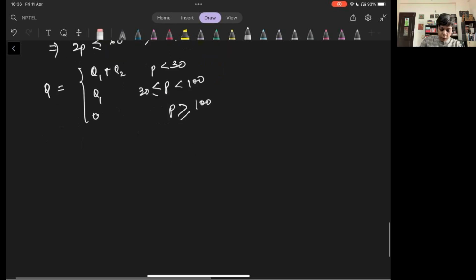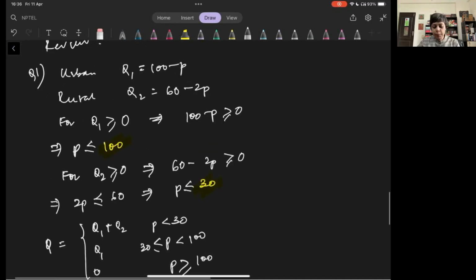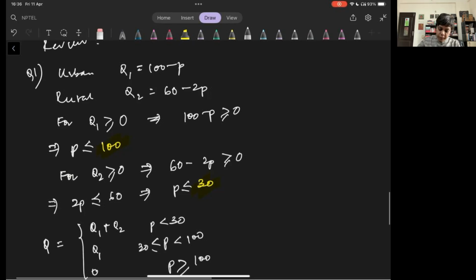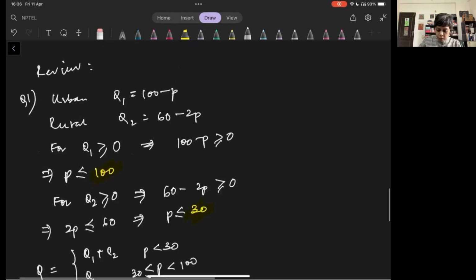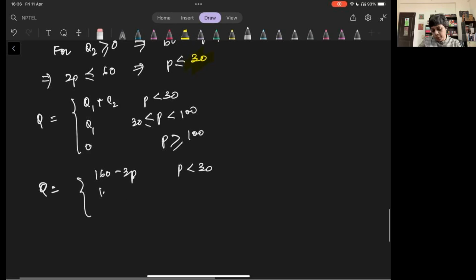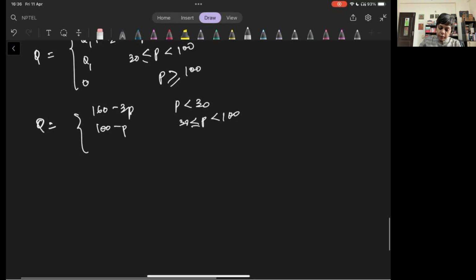Now let's simplify: Q1 plus Q2 is 100 minus P plus 60 minus 2P, which is 160 minus 3P for P less than 30. And Q1 is 100 minus P for P less than 100 and greater than or equal to 30, and 0 for P greater than or equal to 100. So this is how we will write the demand function.